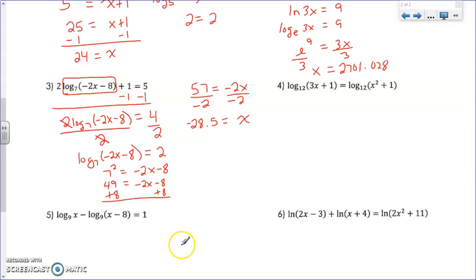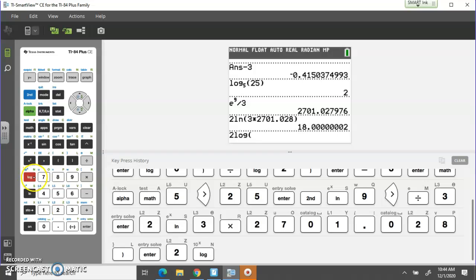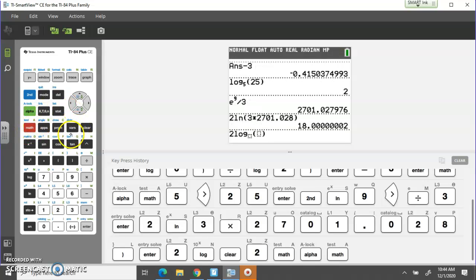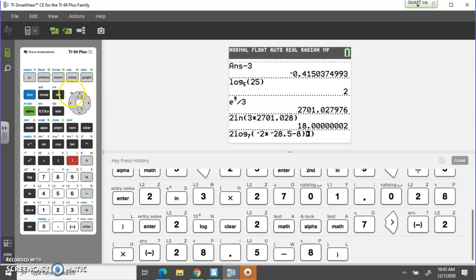Okay? So let's go to our calculator and plug that back in. So we're going to do 2, math, alpha math, and then you're going to have 7, and then negative 2 times negative 28.5, because that's what we had there, and then minus 8, close parentheses.